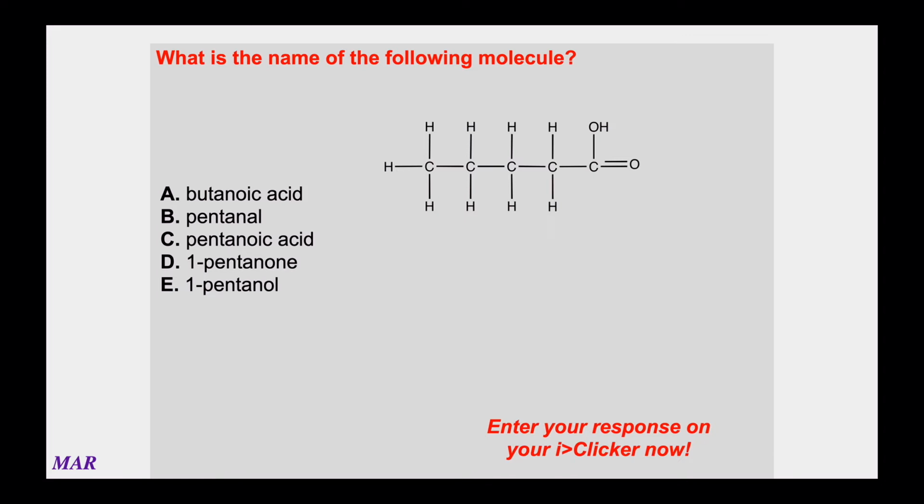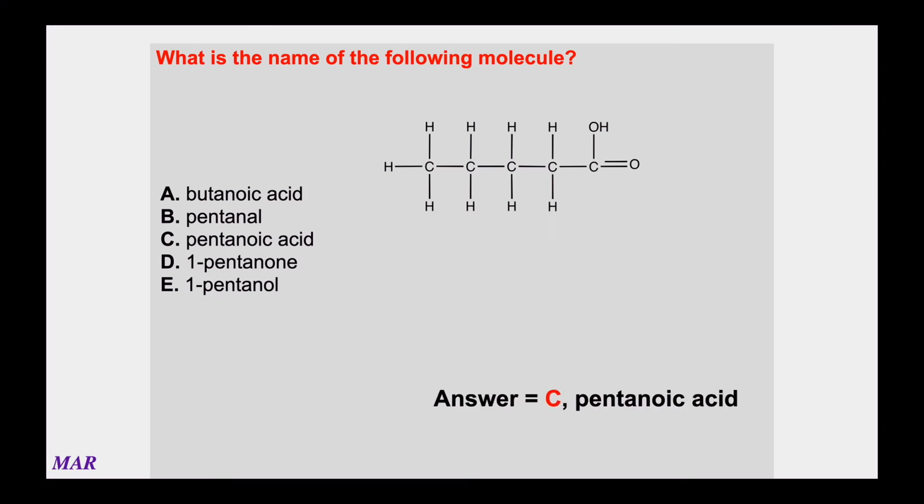If you have a carbonyl, a C double bond O next to an OH, this is a carboxylic acid. Because there are 5 carbons, this is going to be called pentanoic acid. 5 carbons, carboxylic acid, you're good to go. Butanoic acid would have only 4 carbons, not 5 total. The carbon with the carbonyl, the carboxylic acid group, does count, by the way. Pretty chill.